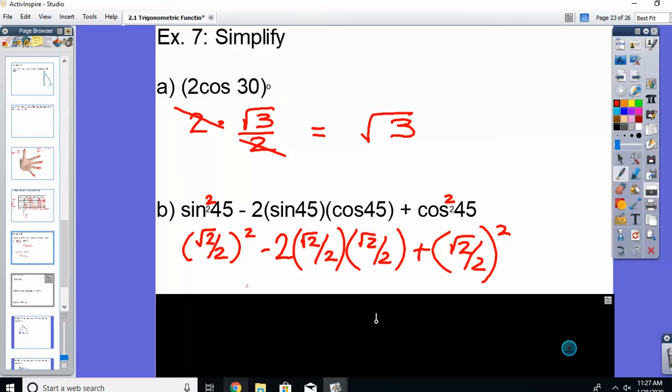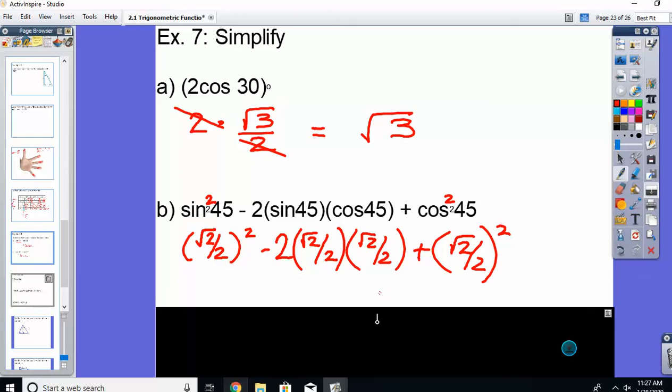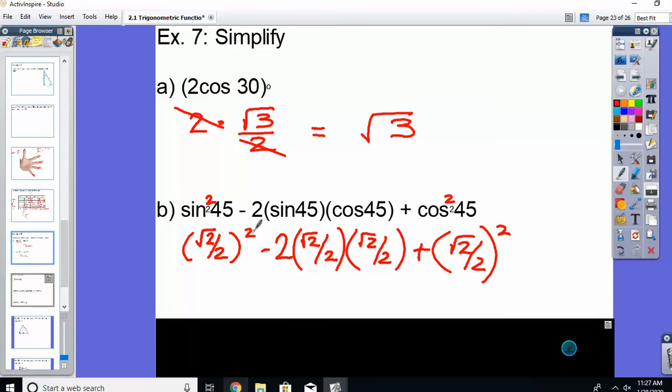Okay, if I want to simplify that, radical 2 over 2 squared. So radical 2 times radical 2 would be 2. 2 times 2 is 4. And this would be 2 times radical 2 times radical 2 is 2. 2 times 2 is 4.